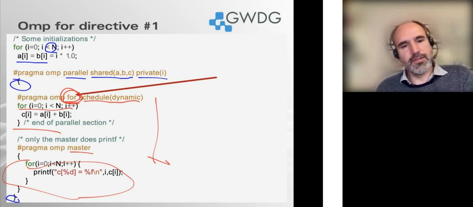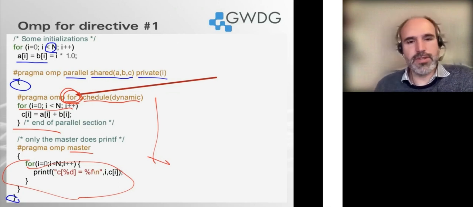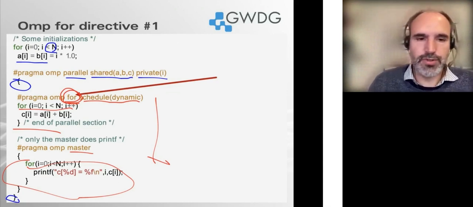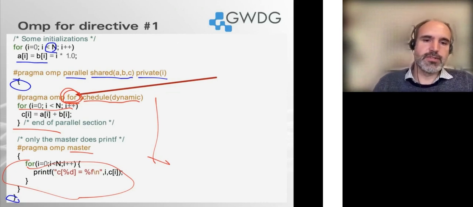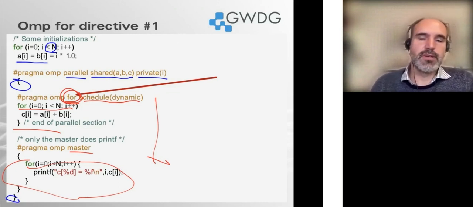And you can come with any number of threads, and the runtime environment will make sure that these 1,000,000 iterations are distributed among the threads, having different i's and different n's.